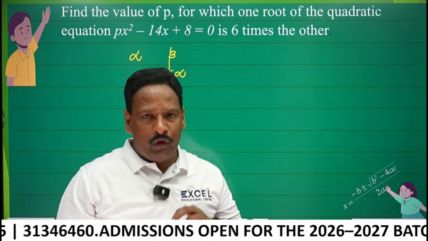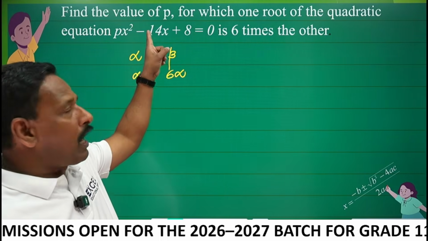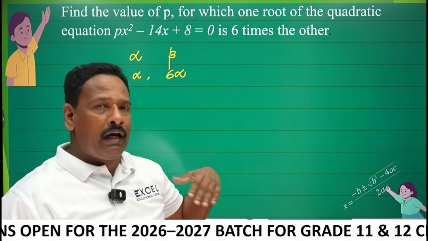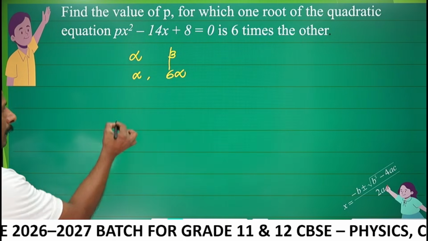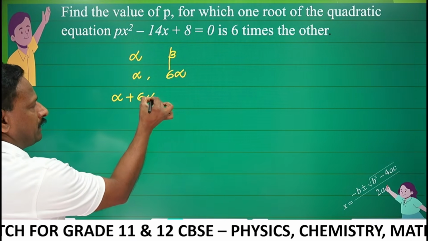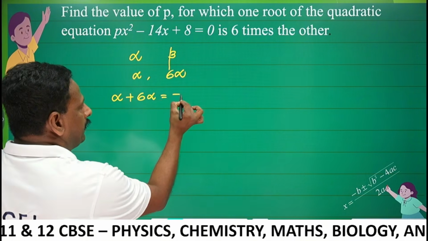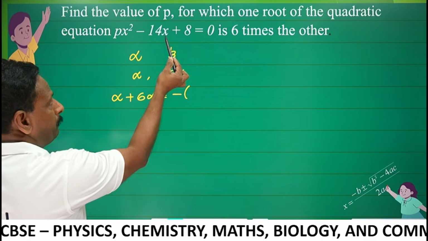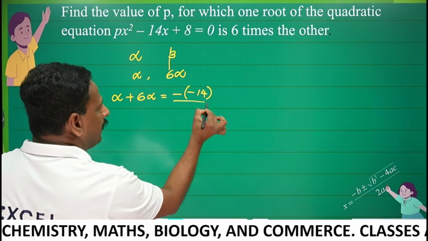And if you know the 2 roots of a quadratic equation, what you can find out is alpha plus beta and alpha into beta. And what is alpha plus beta? Alpha plus beta is negative b by a, right? Negative b. What is b? B is the coefficient of x, which is negative 14 by a.